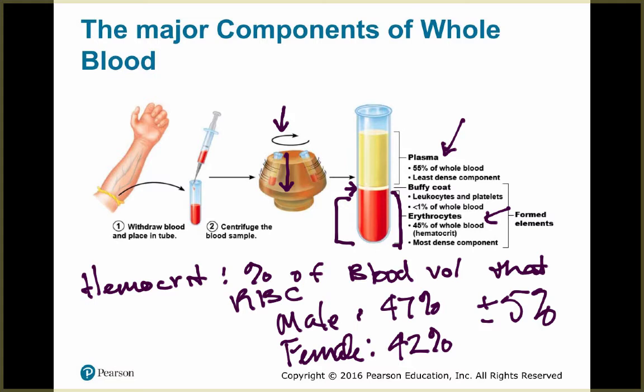Hopefully you figured out that on average men are bigger than women, and that this percent of erythrocytes is based on total amount. Men generally have more muscle, they need more oxygen, they're bigger, so you're going to have more erythrocytes there to help move it around.